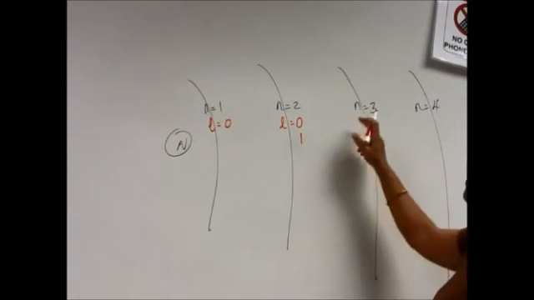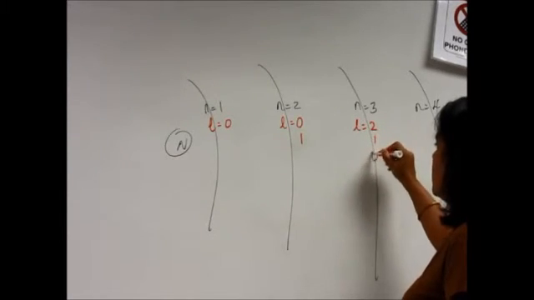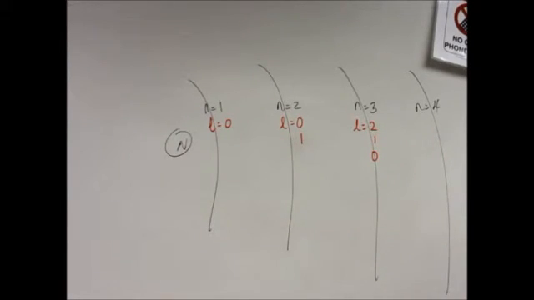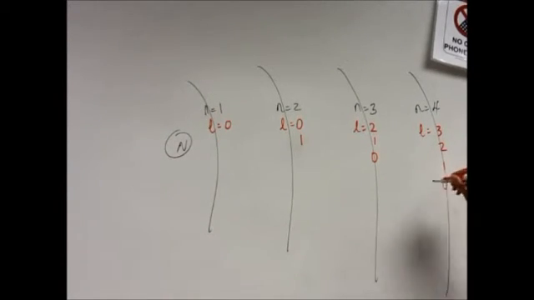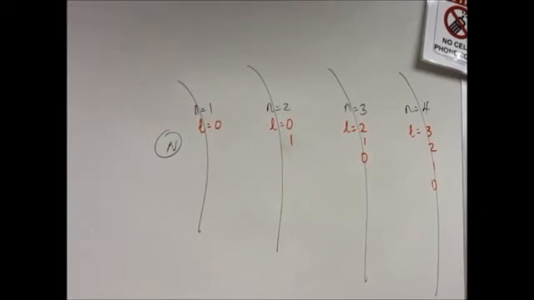If n is equal to 3, L is equal to 2, 1, 0. And here L is equal to 3, 2, 1, and 0. I'm writing them vertically because I need to write more there, but you can write them horizontally also, as you wish.